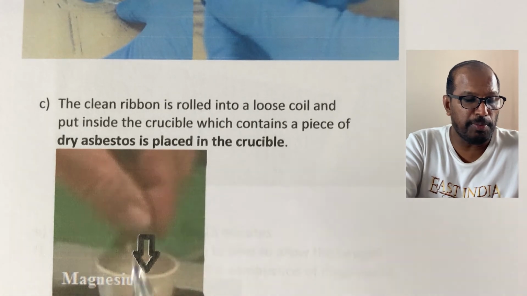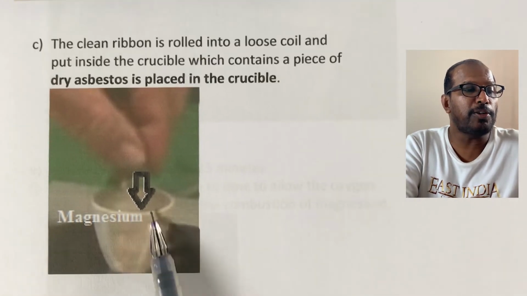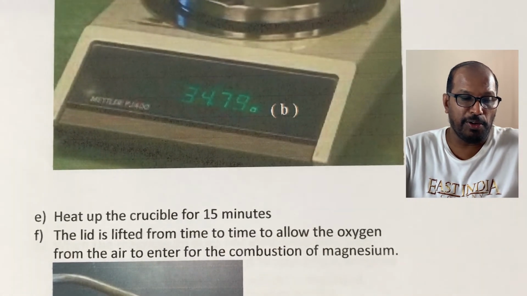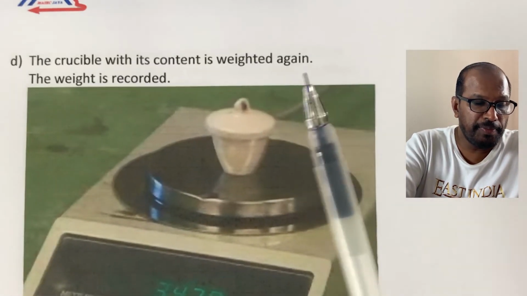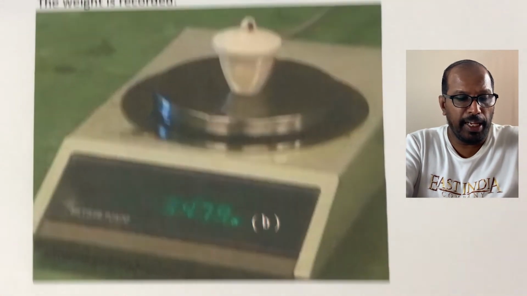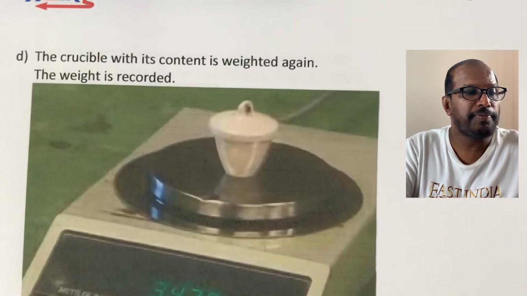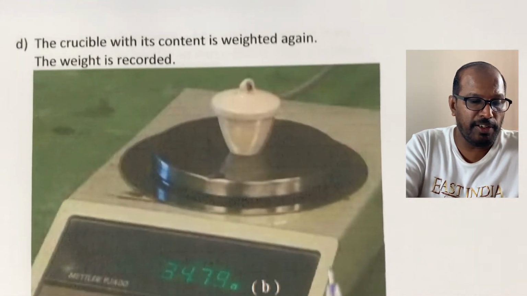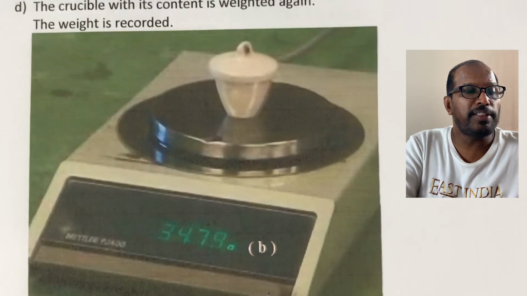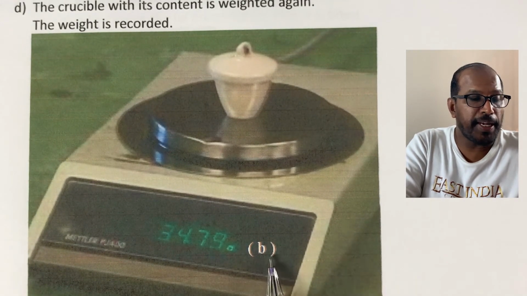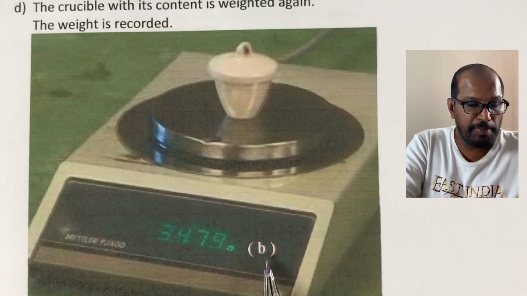So put it inside the crucible, and close the crucible and weigh it again. The crucible with the contents is weighed again and the reading is recorded. The reading here is 34.79, but we record it as B.